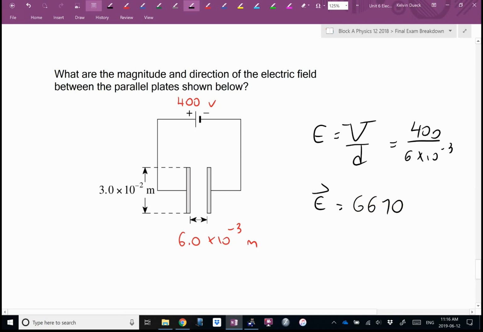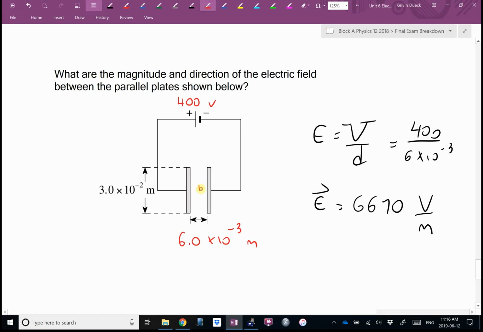Units. Now, I would take newtons per coulomb, but what would be the more appropriate units to use here? Your hint is it's staring at you in the equation. Volts per meter. Direction. Left or right.